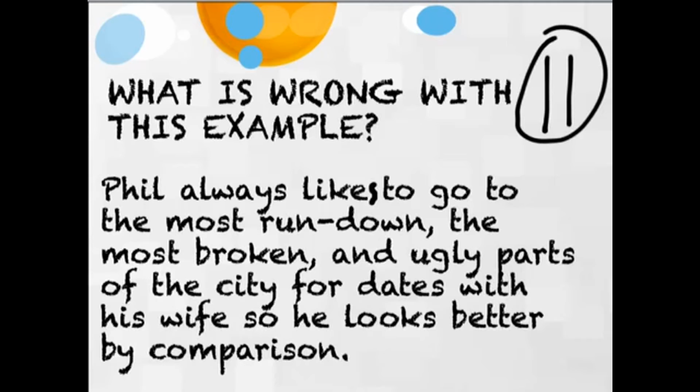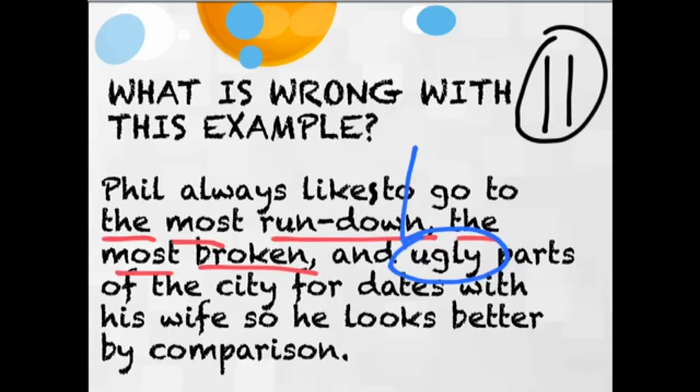Phil always likes to go to the most run down, the most broken, and ugly. Okay, you can kind of hear where the pattern breaks down, right? It's this part right here, because Phil always likes to go to the most run down, the most broken, and ugly. Well, we made a pattern, the most blank, but then we broke that pattern, so we messed up our parallelism.